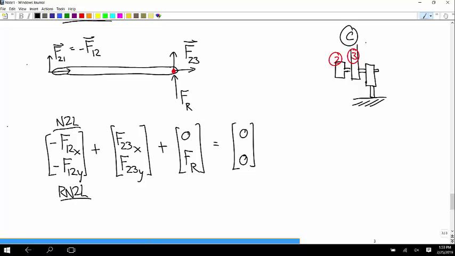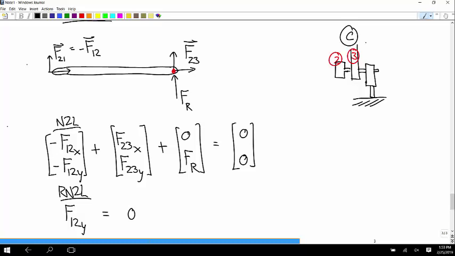So that's a positive 1 F12y is equal to, oh, let's see, if F12y is positive, yeah, right.